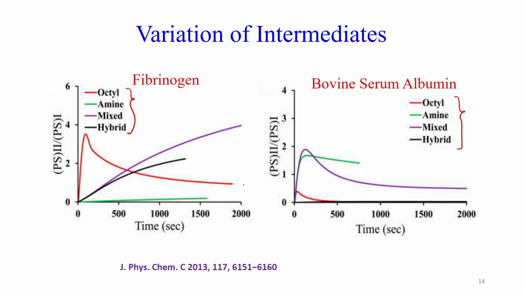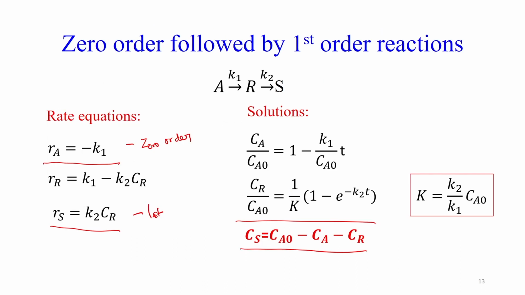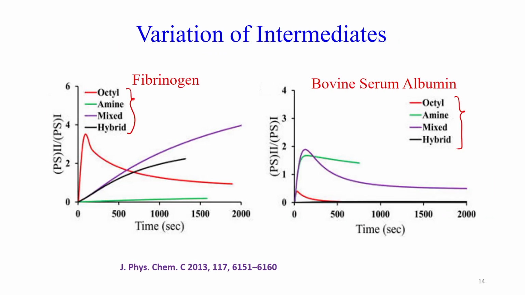So, this is how the intermediate kinetics are changing, while in other cases for fibrinogen this ratio is increasing, while in the case of albumin all the surfaces are following a similar trend, this ratio is maximum at maybe around 100 or 150 seconds, followed by a decrease in that ratio. But again if you just see the rate of increase, the rate of formation of PS1 and PS2, it varies.